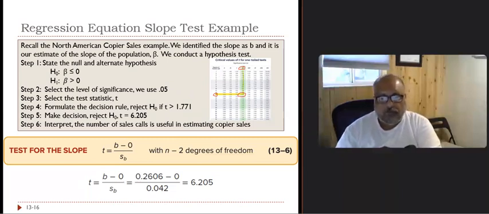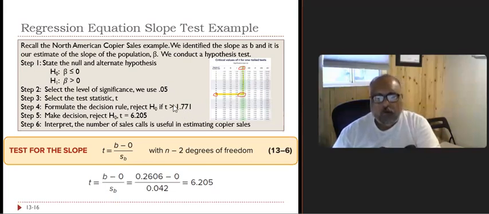Total items in the data set we have 15, and degrees of freedom equal n minus 2, which gives you 15 minus 2 equal to 13. So we are using those, and to find the value where the rows and columns meet, we have 1.771.